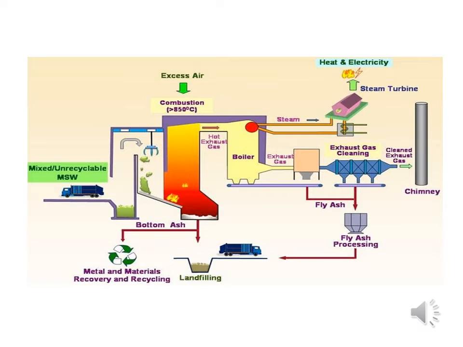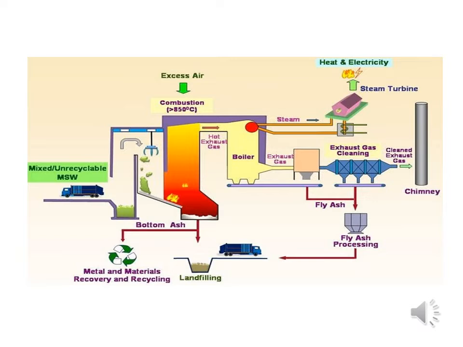Once the solid waste is fed into the incinerator, in the bottommost portion we provide air and also apply heat. What will happen inside this incinerator? Heating and combustion takes place. As a result of this heating and combustion, in the topmost portion we get a hot gas.